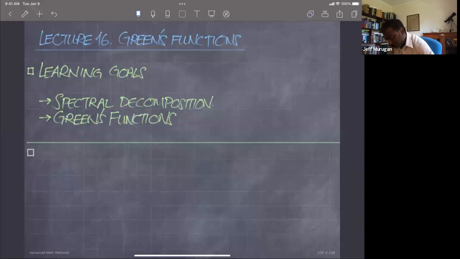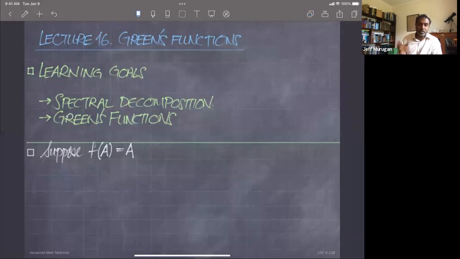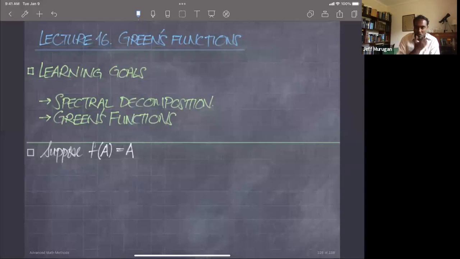Okay, so to start off with, let's suppose that we took our function f of A and set it equal to A, for some operator A. And I want to deform the enveloping contour, capital gamma, into the union of some small circles, little gamma i, that are centered on the singularities of the resolvent.